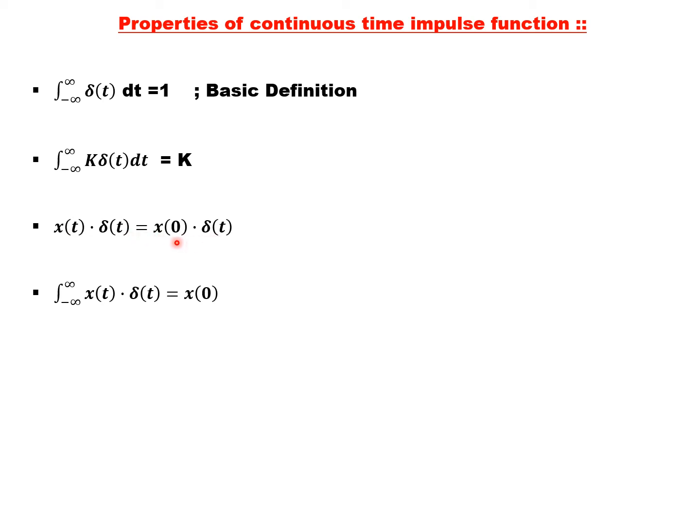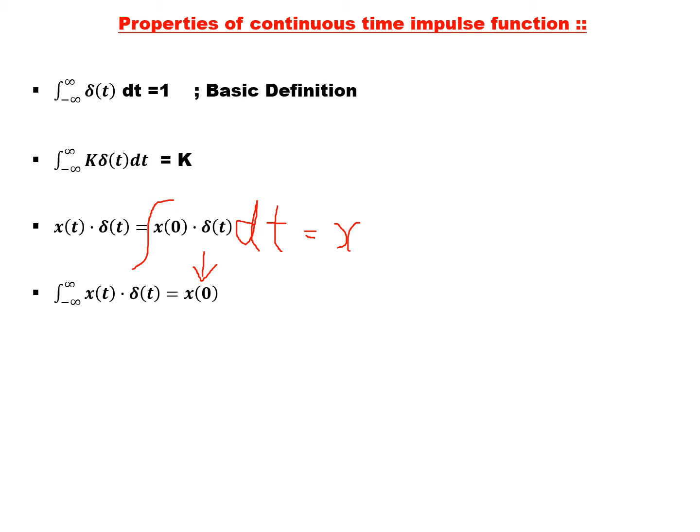Now x at 0 is a constant. If you integrate with respect to dt, you get the following result. Because x at 0 is a constant, it comes outside the integration.